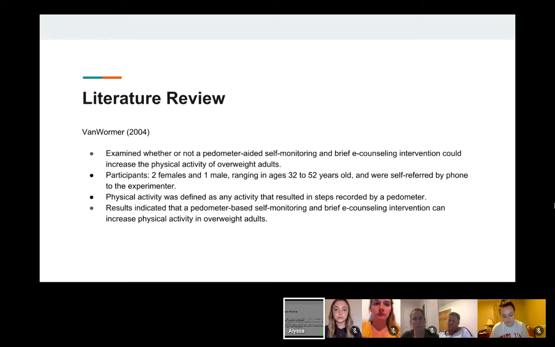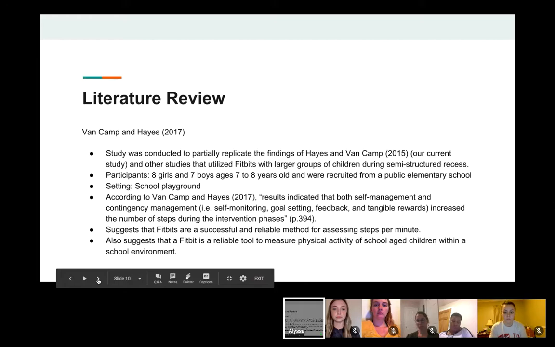The physical activity was defined as any activity that resulted in recording steps by pedometer. So it seems like a very open-ended type of physical activity that they were really focusing on. He indicated that this pedometer-based self-monitoring and e-briefing intervention can, in fact, increase physical activity of overweight adults.